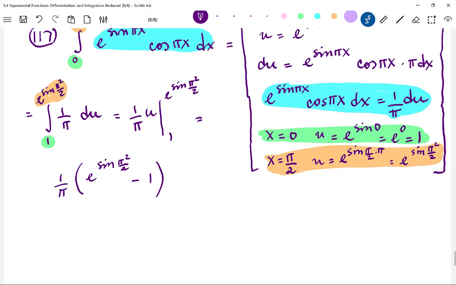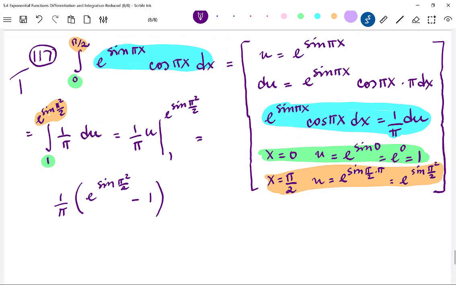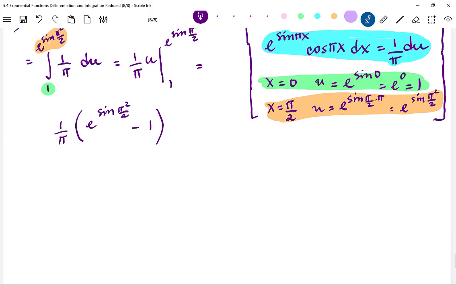Now, this is a great example to show you, if that's my method 1 here, how to solve this problem faster. Again, it was from 0 to pi over 2 of e to the sine of pi x cosine pi x dx.